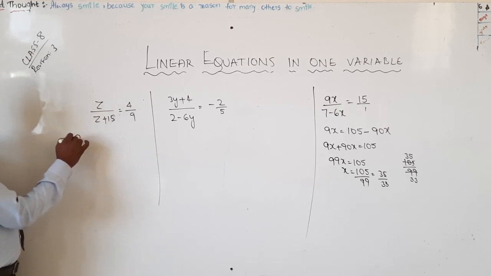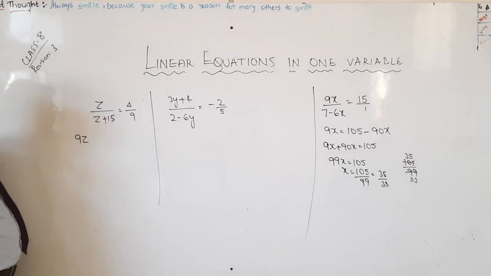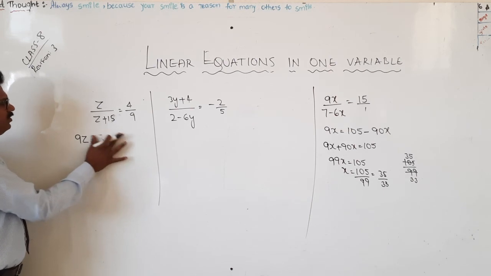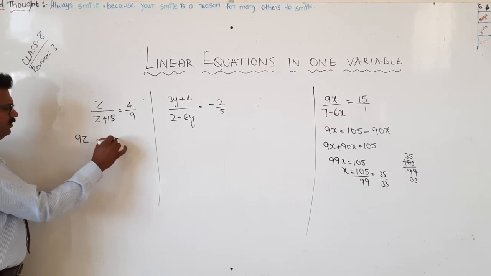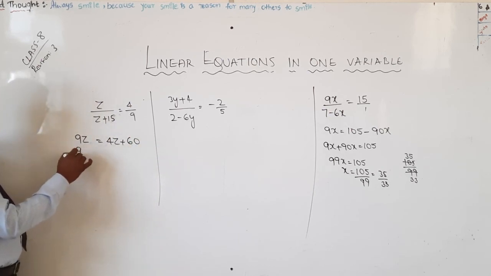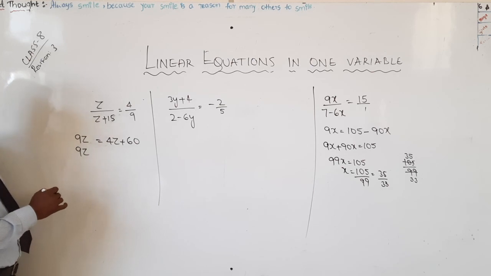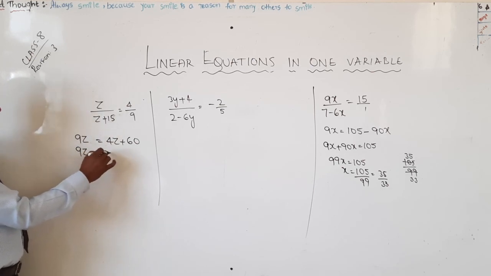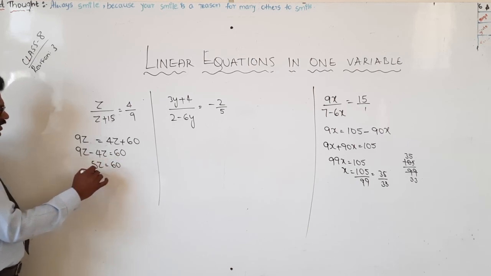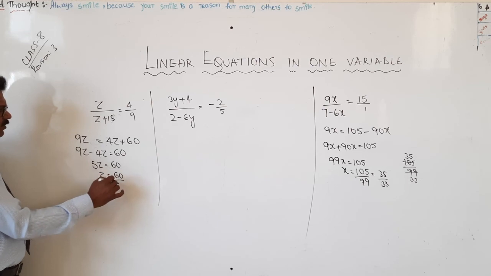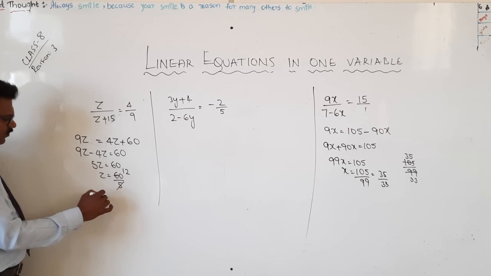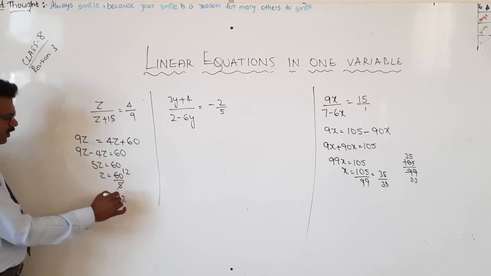Therefore 9 into z is 9z equals 4 into z, that is 4z, plus 15 into 4, that is 60. Now 9z, and 4z if it comes here becomes minus 4z, equal to 60. 5z is equal to 60. Therefore z equals 60 by 5. 5 twelves are 60. Therefore z is equal to 12.